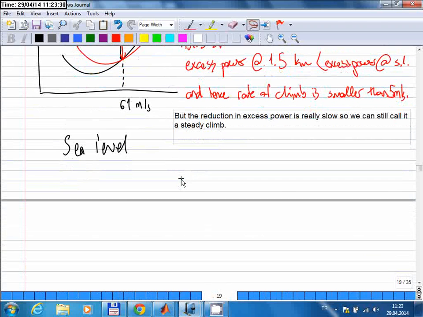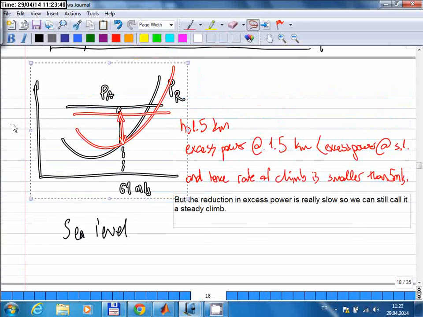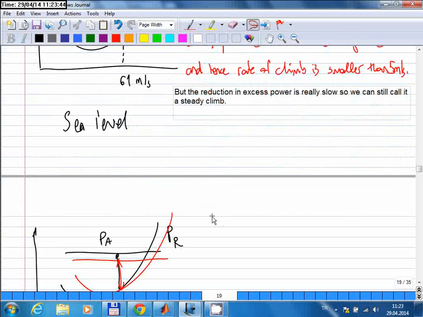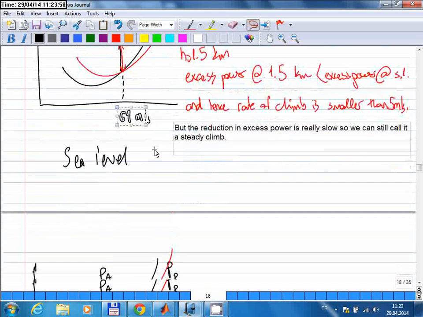Okay, now let me ask you a question and let's think about that case. Let me now copy all of this. So we said that for the sample aircraft, when it was originally flying at 61 meters per second, by increasing the engine power, the pilot gets additional power, and that additional power can be used for climbing.